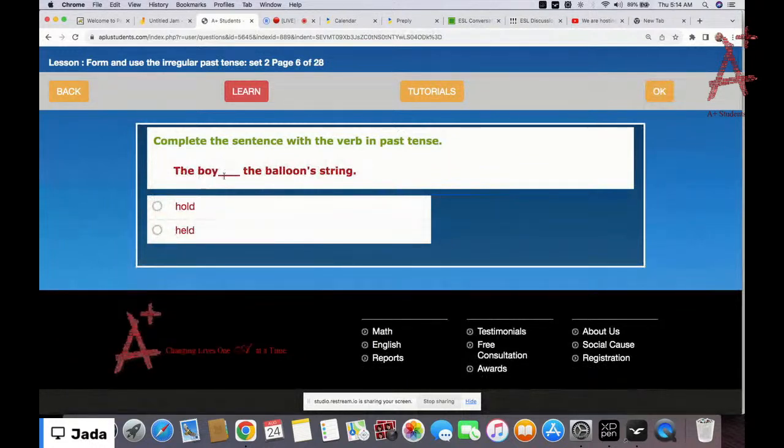The boy dashed the balloon string. Now the boy held or hold the balloon string? Held or hold? So is it held?